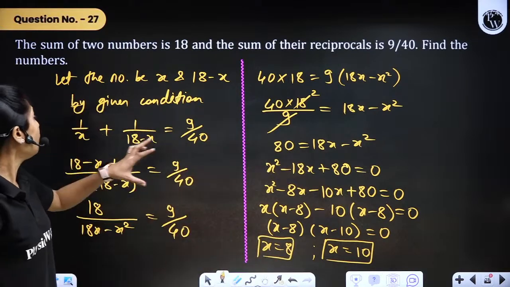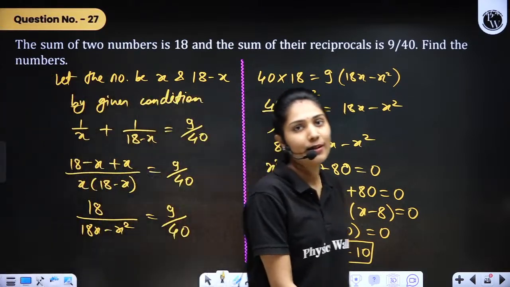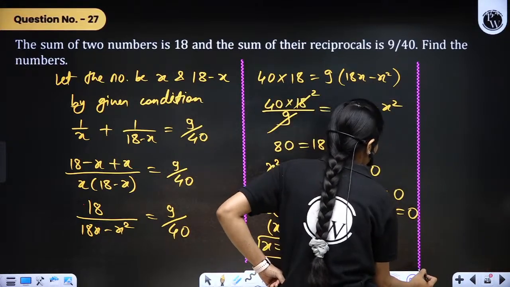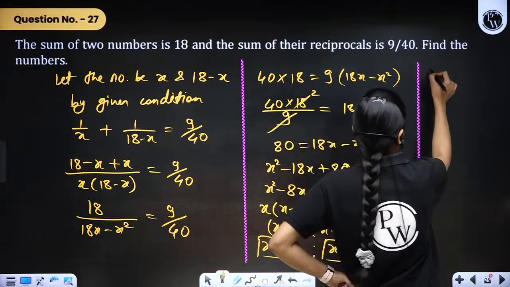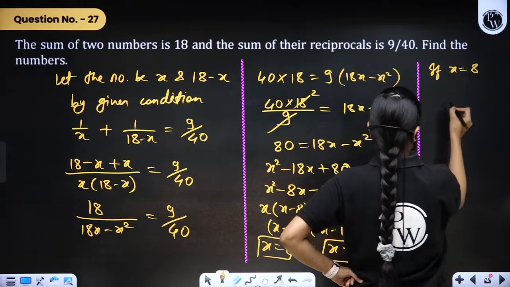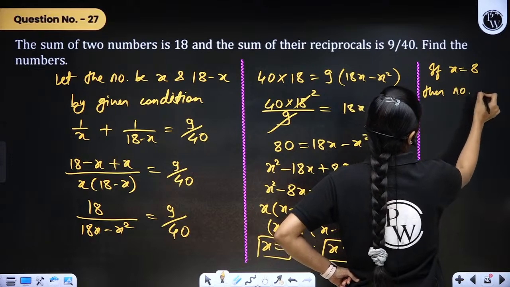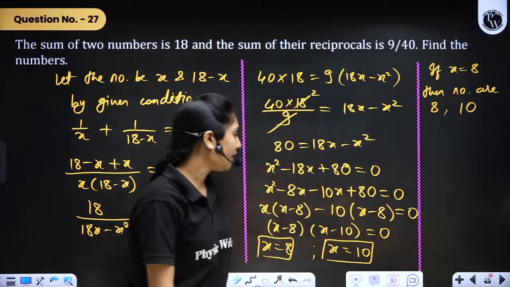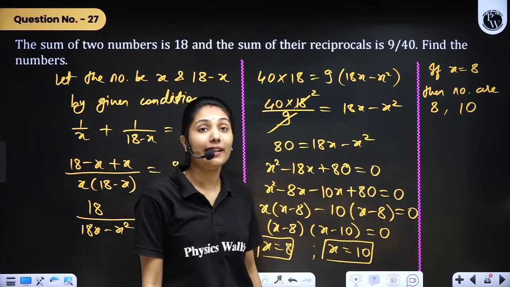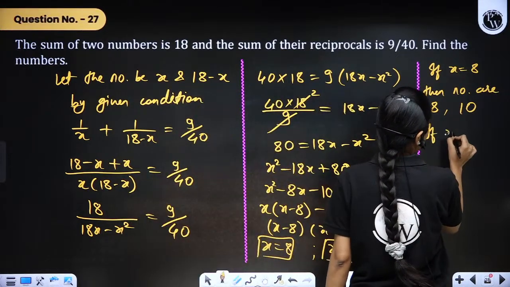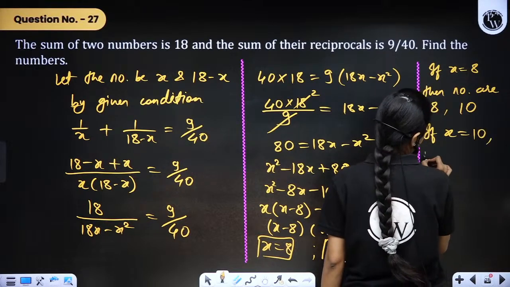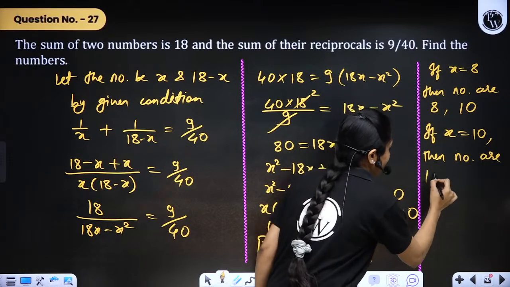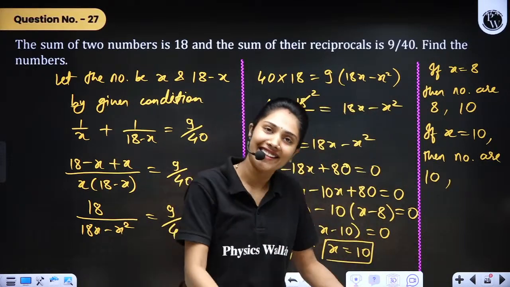Now what did we need to find in the question? Find the numbers. If x is equal to 8, then the numbers are 8 and 18 minus x, which is 10. And if x is equal to 10, then the numbers are 10 and 18 minus 10, which is 8.